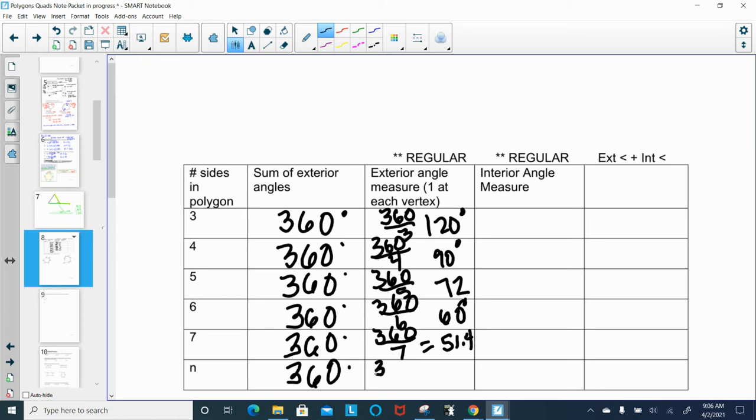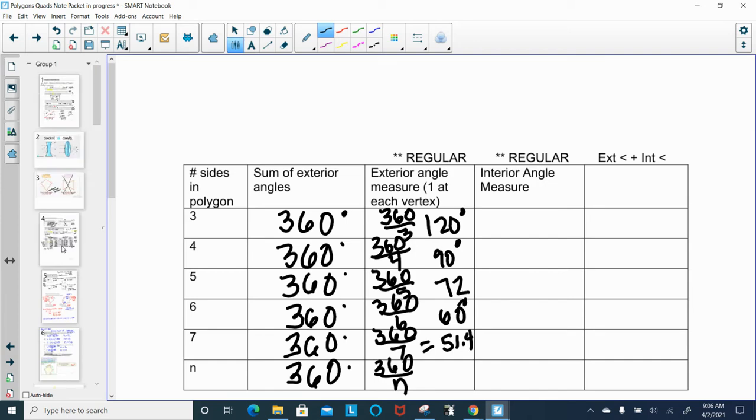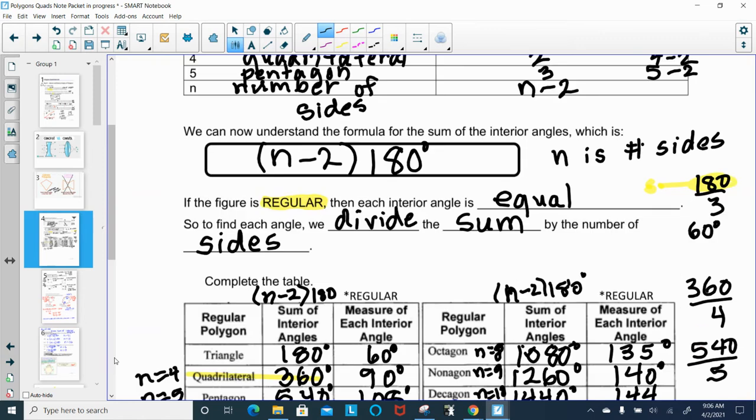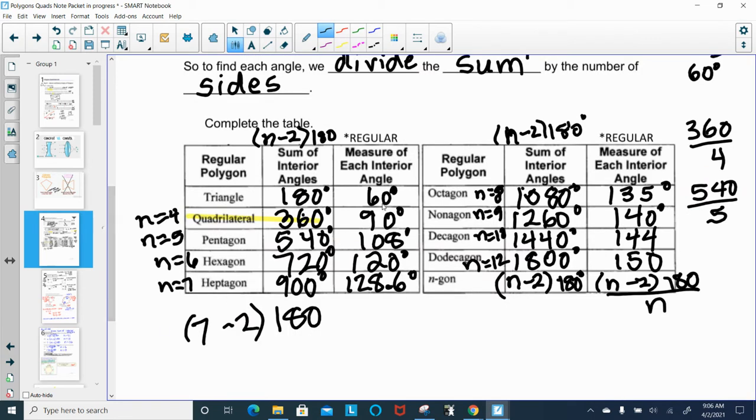And so if we want a regular polygon, all we have to do is divide by n to get one exterior angle. Now, what I want to show you is if we go back to that chart on page, I think it's page 2, and we were to pull the interior angle, the 60, the 90, the 108, I'm going to go fill that in.